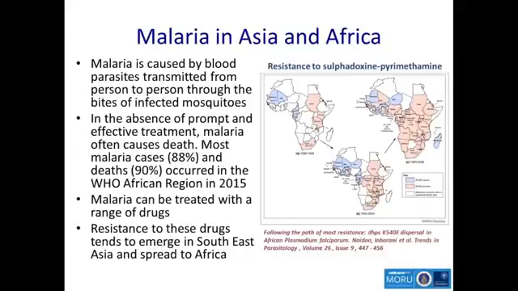So this has happened with a number of different drugs. With this one it was observable, and we're currently faced with the new family of very effective anti-malarial drugs, the artemisinin.